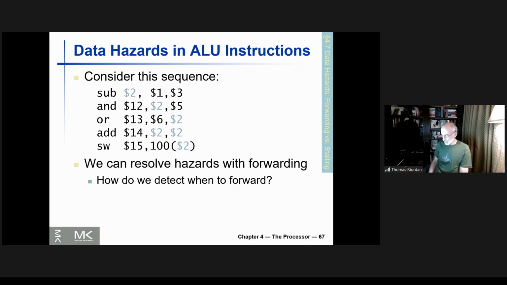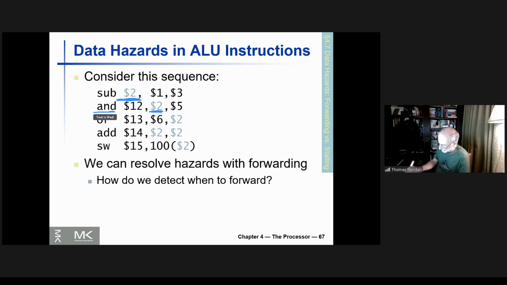All right, now we must open our minds very, very wide. So here's our favorite sequence of instructions. And when I say favorite, I mean that here we compute this subtraction into register 2, and then we immediately use it in the next instruction.